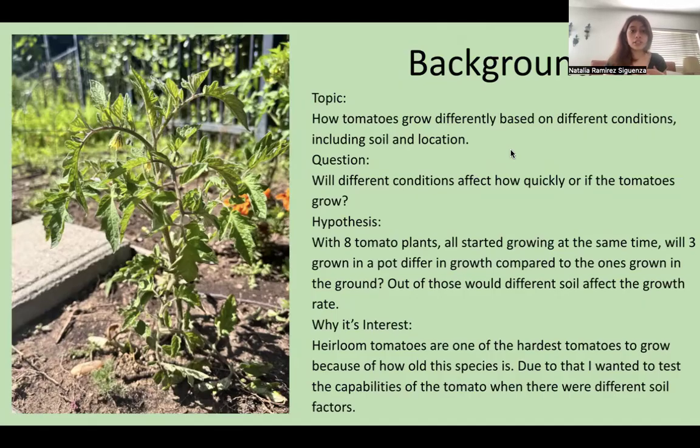And why it's interesting is because the tomatoes specifically that I worked with were heirloom tomatoes, and those, as opposed to other tomatoes, actually do have a harder time growing because these tomatoes are older. The group itself is just an older plant of tomatoes, and because of that, they have a hard time growing because they're more susceptible to diseases.